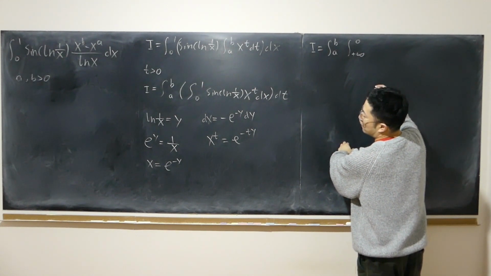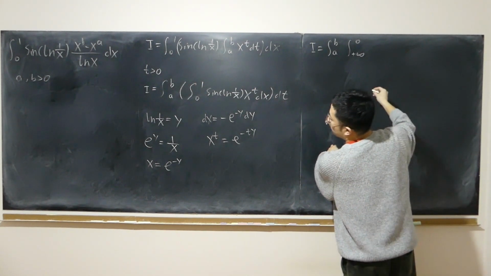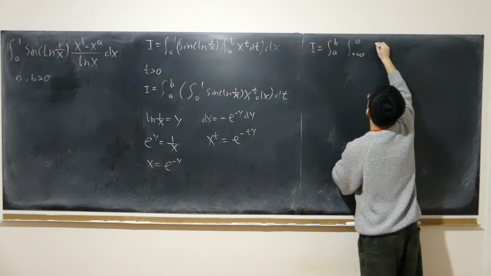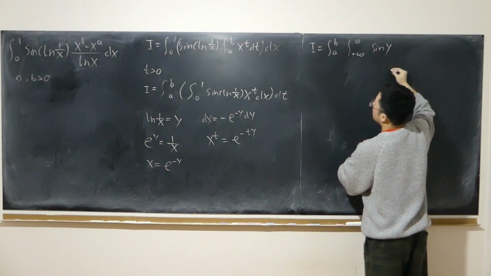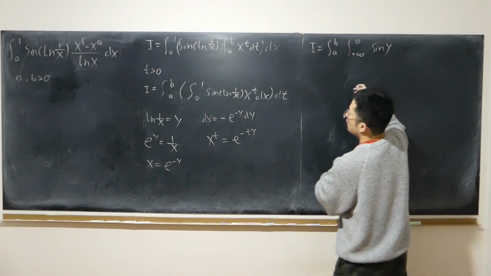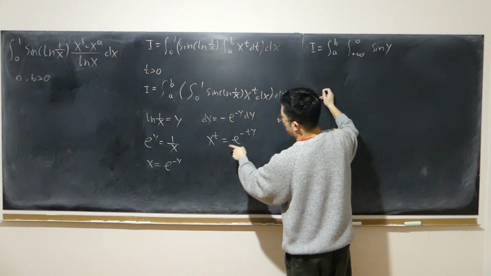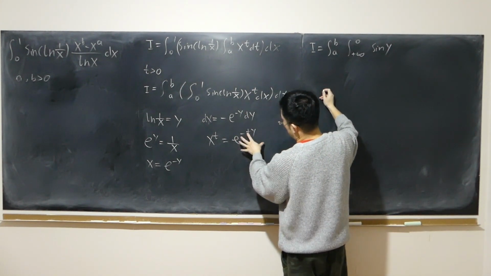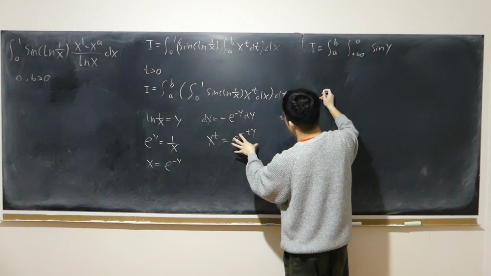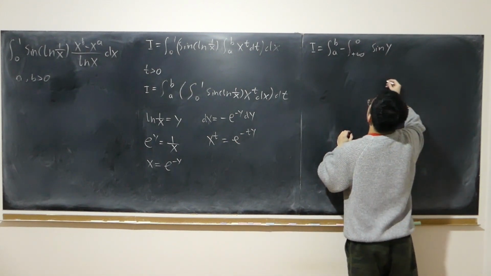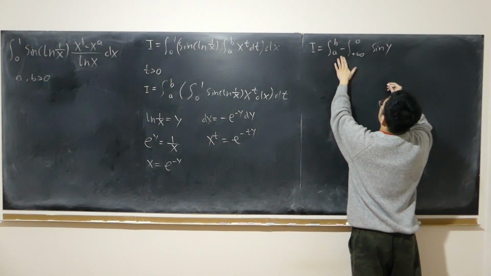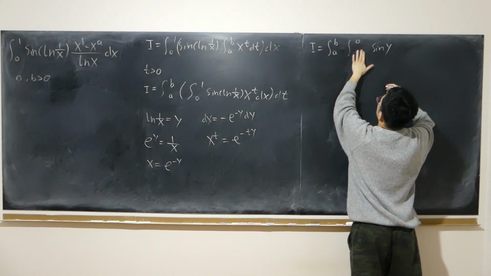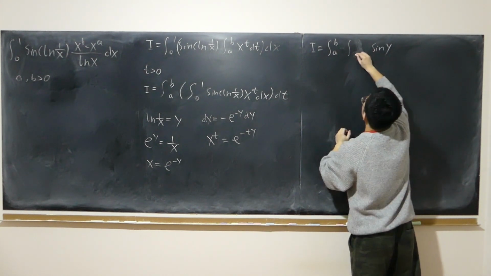Inside the integrand, we have sine y times x^t times dx. This times that, we have a negative, negative, get rid of negative, change the boundaries: 0 to positive infinity.